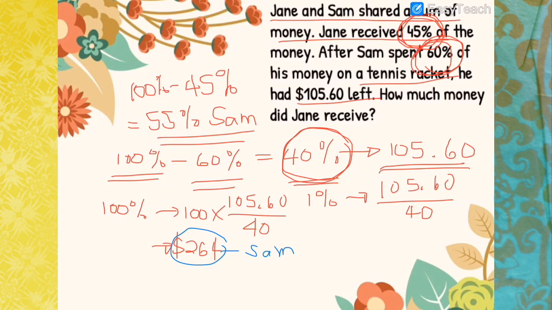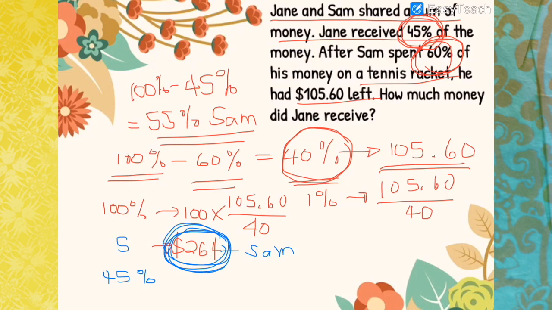Now, since we are asked what Jane received in the first place, we get to multiply 45% of 264.